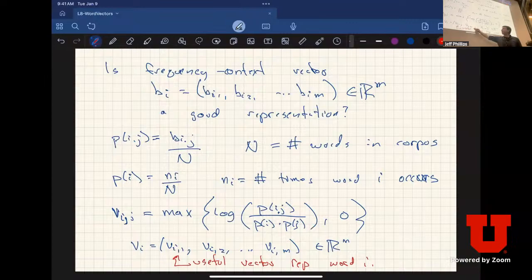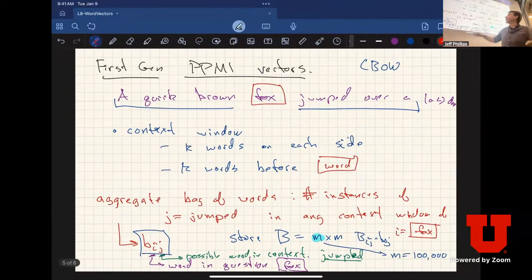So the vector representation is capturing the average over all the context windows. It's averaging over the whole corpus, all of Wikipedia, all of the internet.